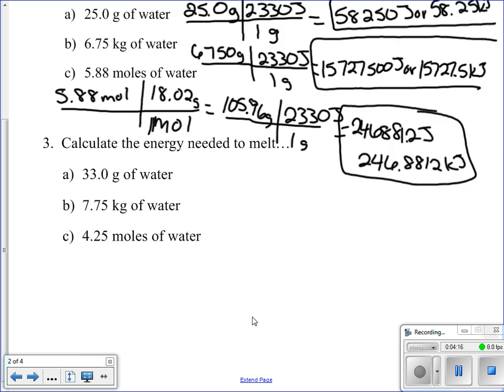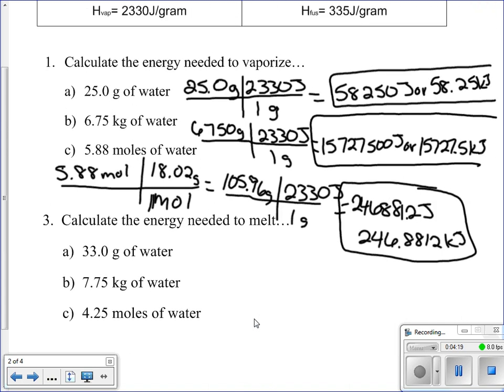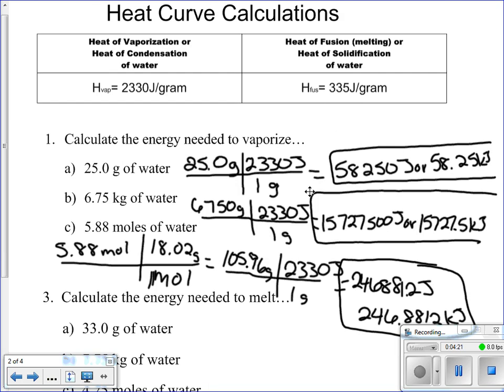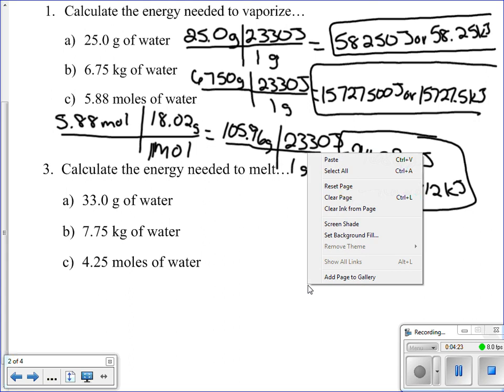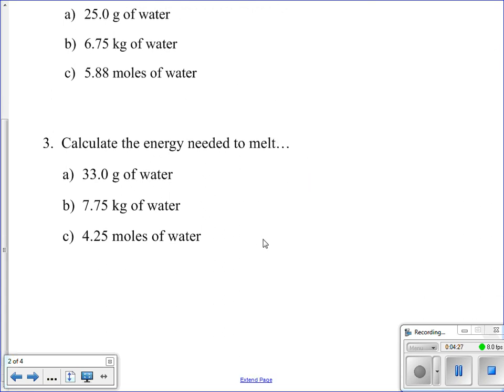And then on part 3, calculate the energy needed to melt. So now we're going to have to use this heat of fusion value, this 335 joules per gram. So we pretty much do it the same way.